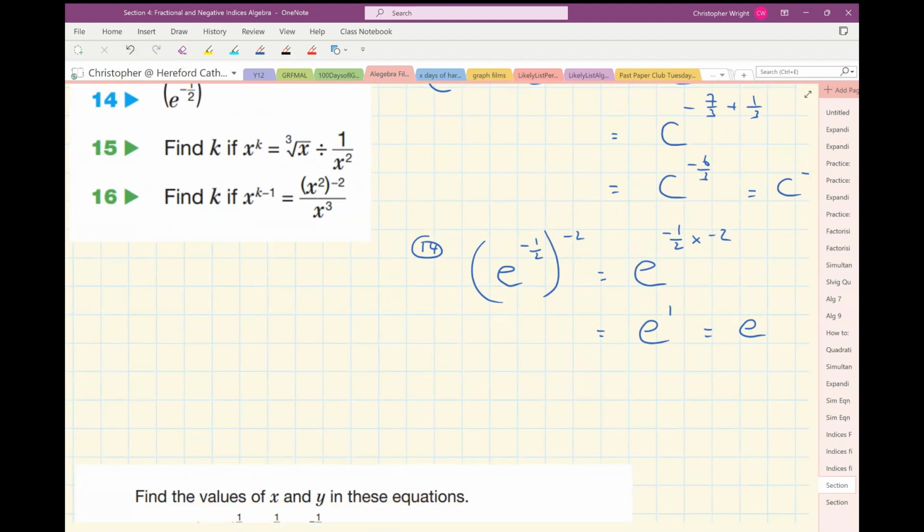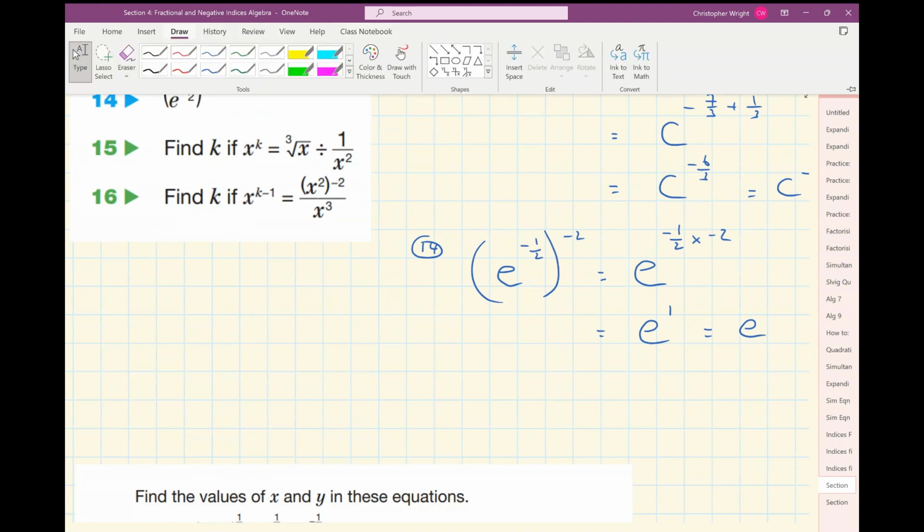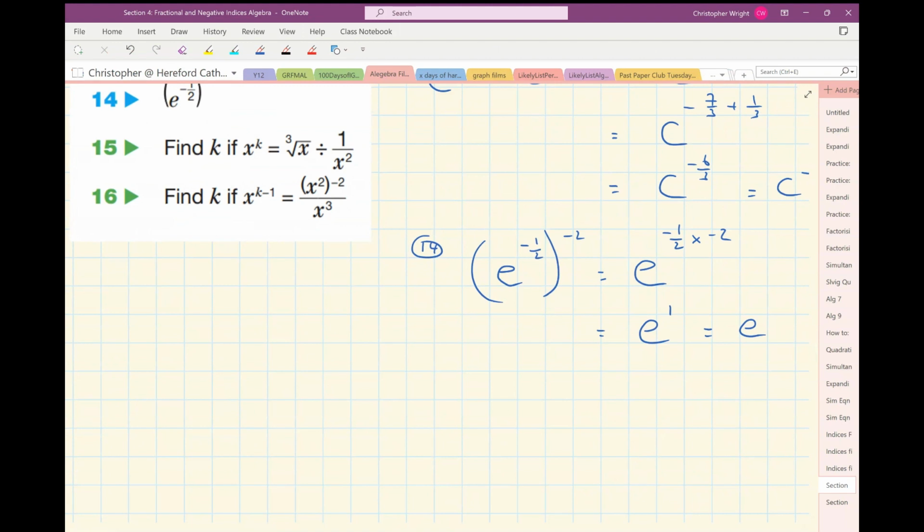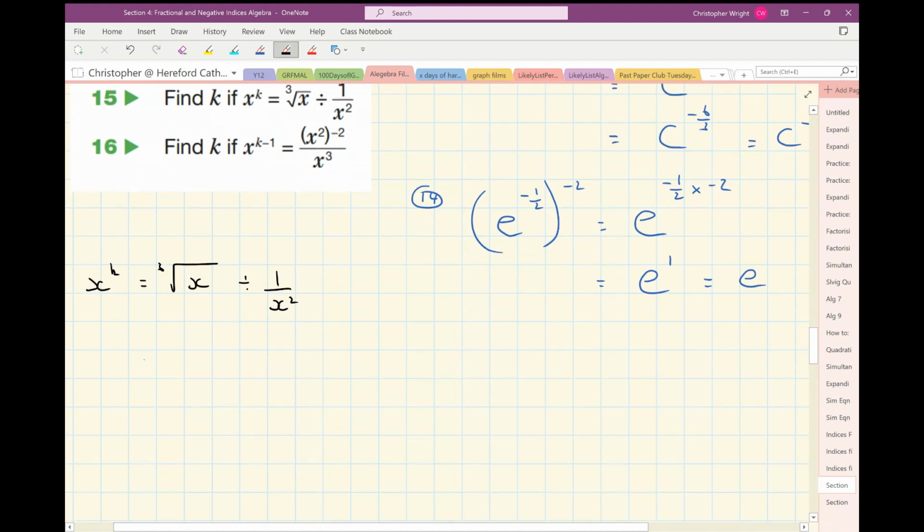Right, find k if x to the power of k equals that expression there. Let's write that down. So we've got x to the power of k equaling the cube root of x divided by 1 over x squared. Right, so let's mess around with the right hand side here.